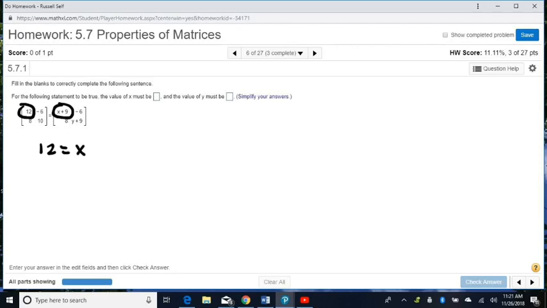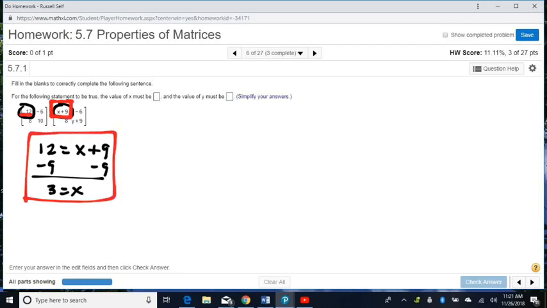So 12 equals x plus 9. Subtract 9 from both sides to get the x by itself. So x is 3. Now, if you could do that math in your head, just by looking up here and saying what number plus 9 would be 12, I don't need to see all of these equations written out. If you can't, then you need to set them and you need to write them out.